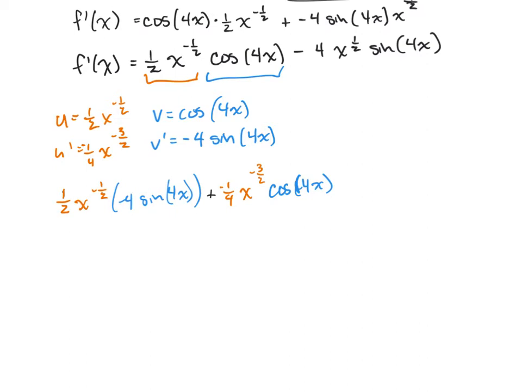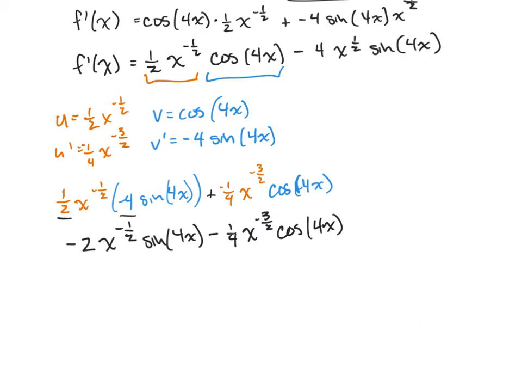And then we'll just clean some of this up. So the 1/2 and the negative 4 can multiply, so we get negative 2x to the negative 1/2 sine of 4x. And then over here, we'd get just minus 1/4 x to the negative 3/2 cosine of 4x.